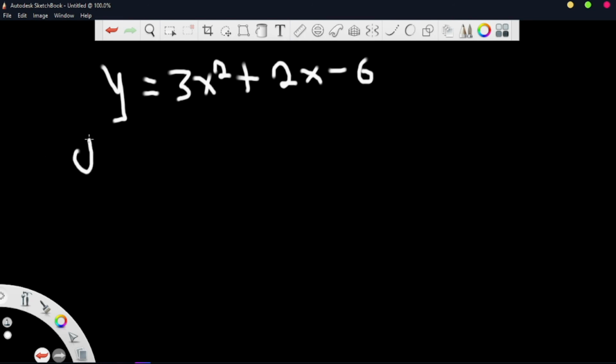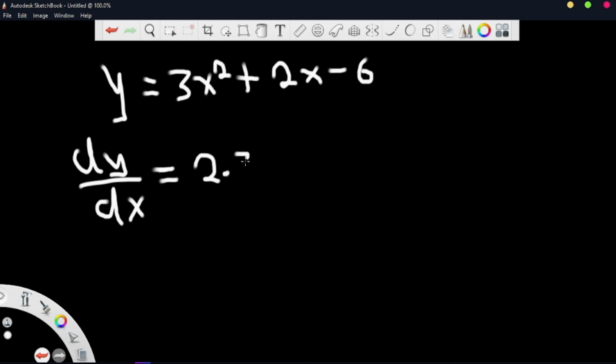So I'm going to say dy over dx is going to be equal to. Now we can find the derivatives of everything separately. If you have a problem finding them directly, you can go ahead and find them separately on the back of the paper. But I love doing this directly, so I'm just simply going to bring my 2 to the front.